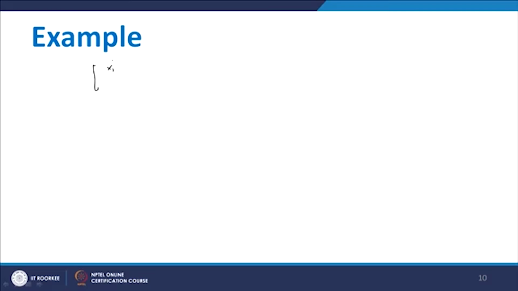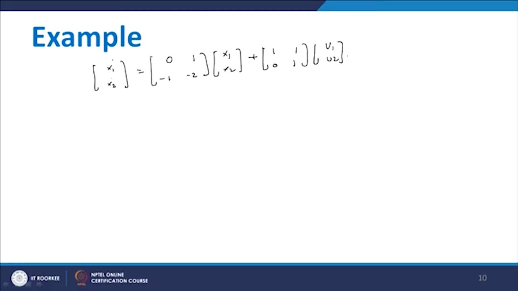Now, here x1 dot, x2 dot equals [0 1; -1 -2] times [x1; x2] plus [1 1; 0 1] times [u1; u2]. This is the state model.